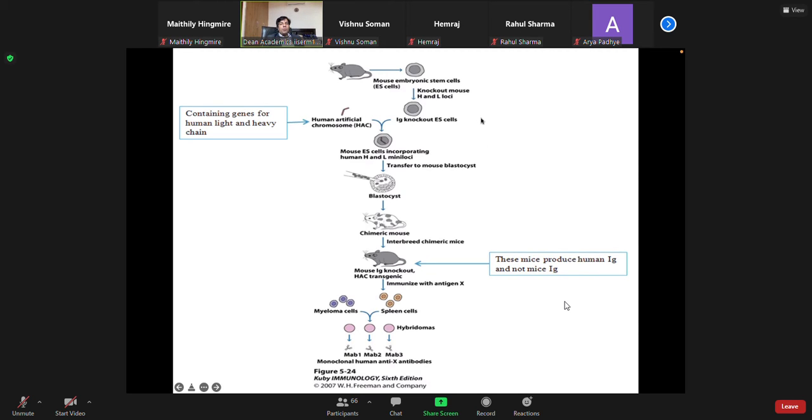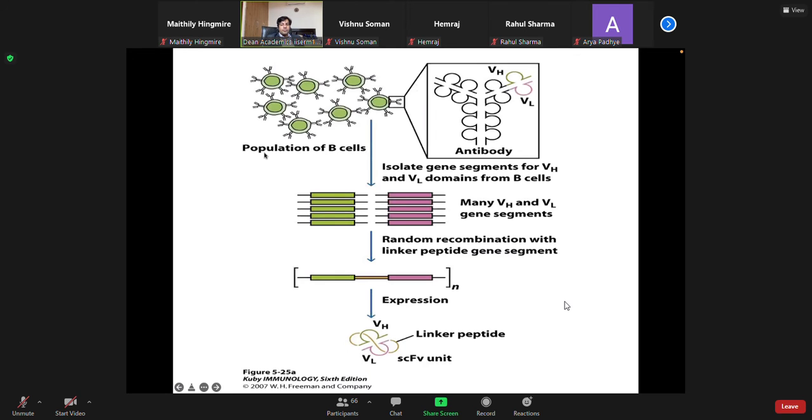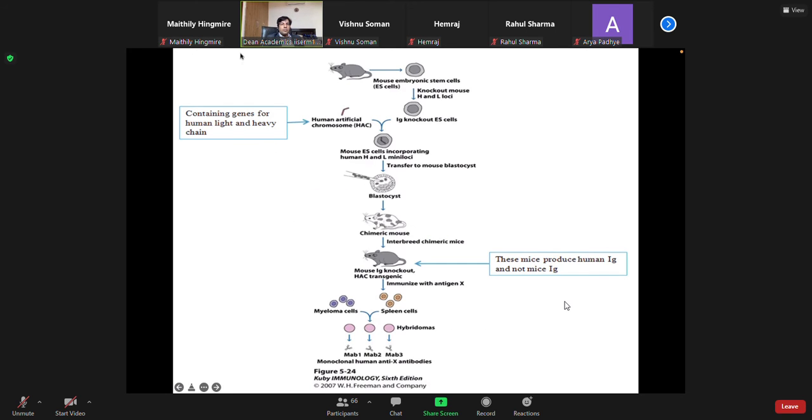So basically what you do is you take a mouse, right? And you hormone prime this mouse by injecting PMSG and many more hormones, so that you get hyperovulation. And from there you can derive embryonic stem cells, right?